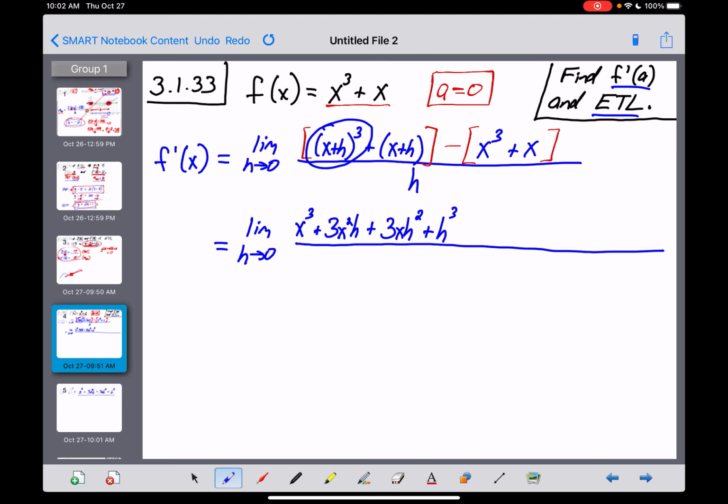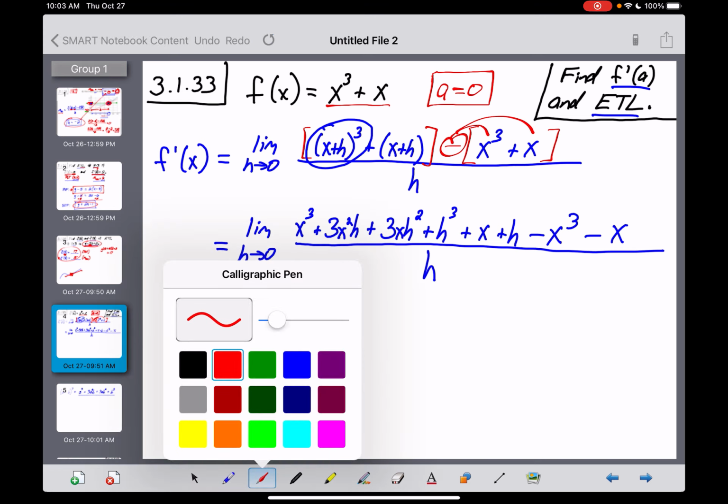Let's keep going now. We have a plus x and a plus h, nothing really to worry about there. And now this negative sign needs to be distributed into this next binomial. So we're going to have a minus x cubed and then a minus x all over h. Now, remember what we said before, guys. Every time you're doing this with a polynomial function, which is what we're dealing with right here, every term in the numerator that does not contain an h should cancel out.